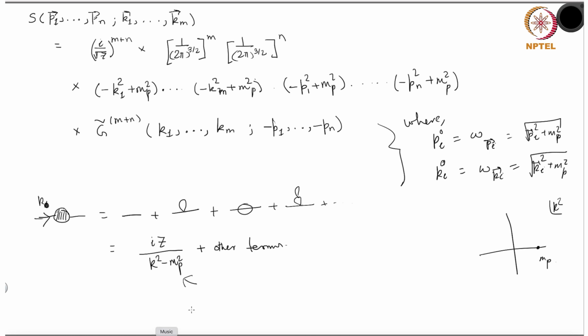So if you have terms like k square minus k1 square minus m_p square, then this pole will get cancelled, and similarly other poles will get cancelled if G tilde has such poles. And in fact it should, because this S matrix element should not be 0, otherwise there is no scattering. Okay, so that's the expectation, and that's what we wish to now figure out.